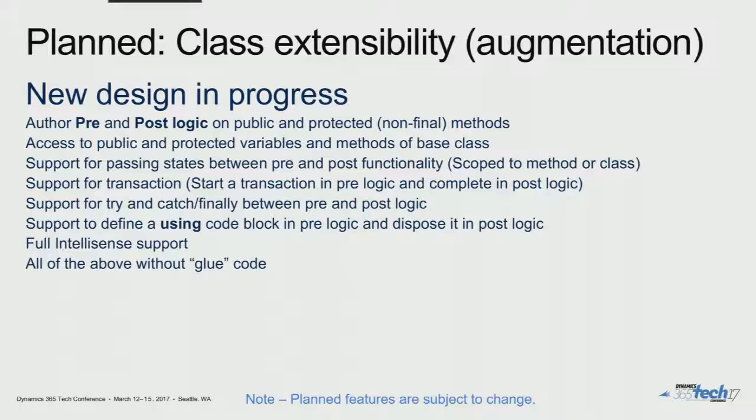Do things like try and catch, also within the pre and post logic of a particular method. Using code blocks, you also will be able, if we get to implement all of the requirements, to have a using code block that starts in the pre-logic of a method and actually completes in the post-logic of a method. And last but not least is all of the above without writing ugly glue code.